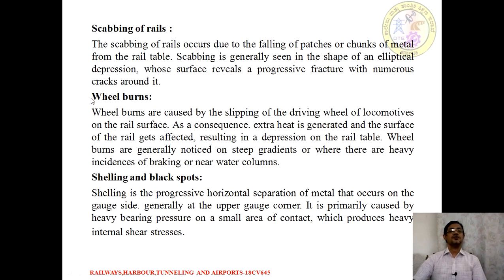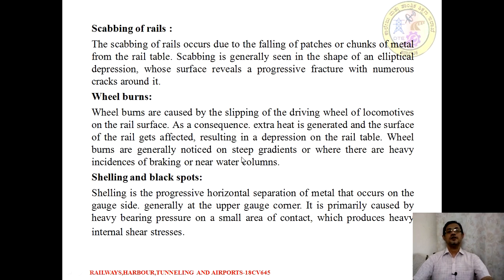The next one is called wheel burn. Wheel burn occurs whenever there is slipping of a driving wheel on the head of the rail surface, which generates some amount of extra heat on the surface of the rail. That results in a depression on the rail table.